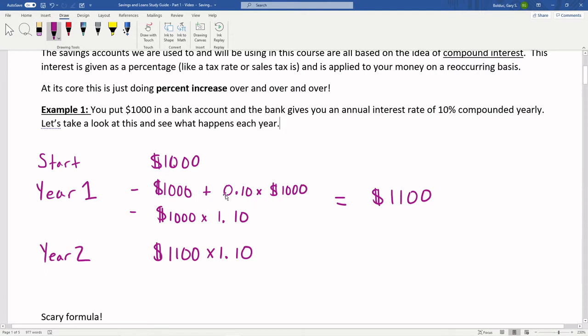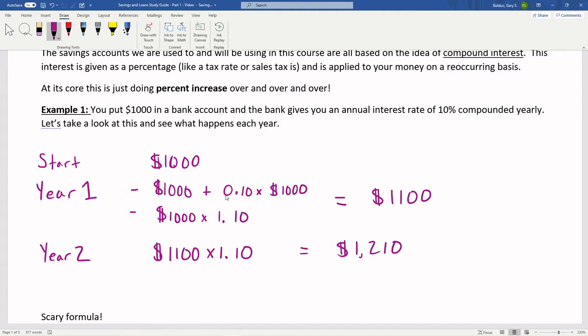You can just keep building and building and building like that. But I'll show you why you should start thinking this way instead. So, okay, great. You set this up, you type into your calculator $1,100 increase by 10%, that's going to leave me with $1,210.